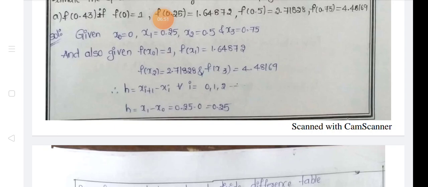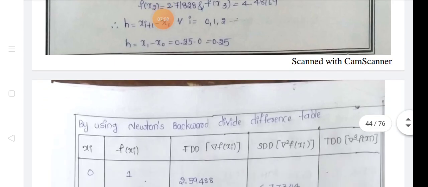Therefore, h equals x_{i+1} minus x_i for all i equals 0, 1, 2, 3. Put i equals 0: h equals x1 minus x0 equals 0.25 minus 0 equals 0.25.